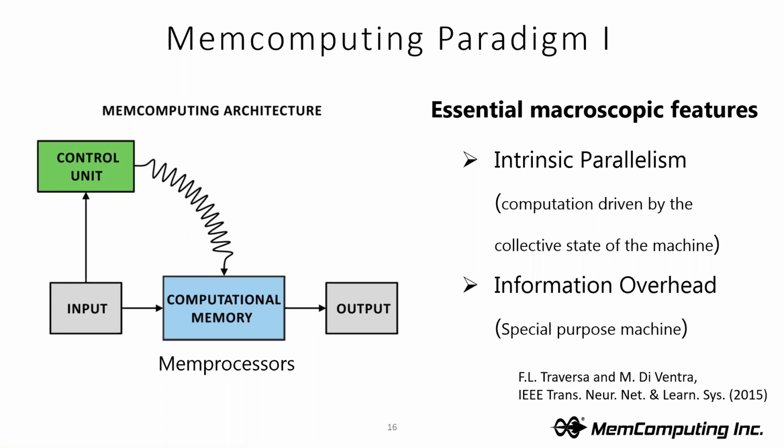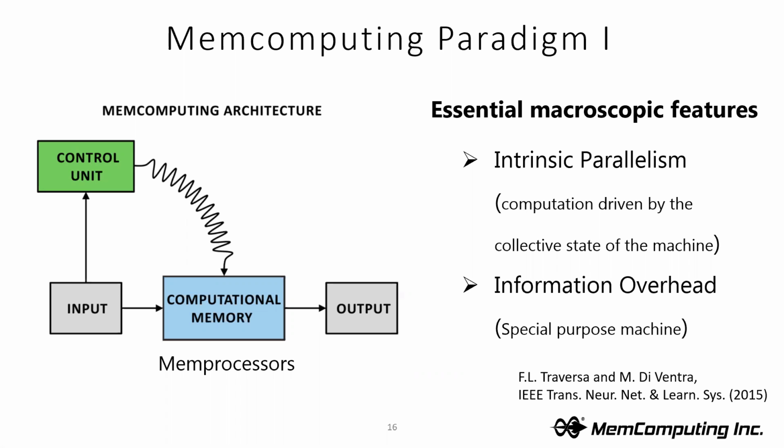At the center, as I said, you have this computational memory, which is an ideal network of small processors that can store information and manipulate it at the same time without exchanging data with an external memory unit. Then you have a control unit that just sends signals in order to start the computation from the computational memory.